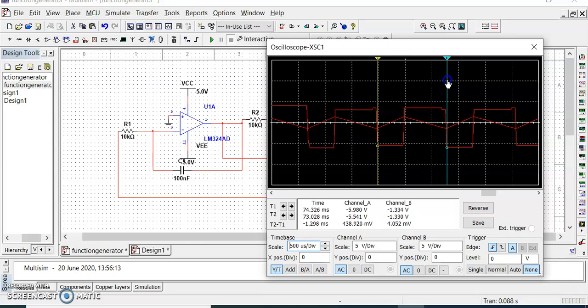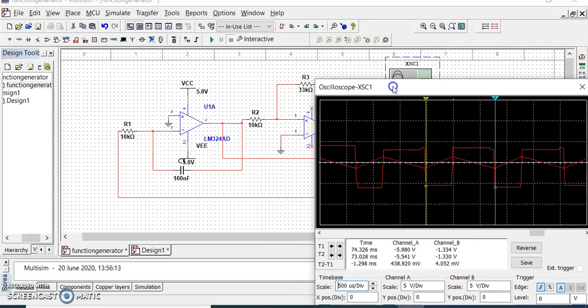This is a complete cycle. Here it is showing 1.298 milliseconds. So 1.298 milliseconds is the time period of our signal. If we inverse it, we will get the frequency.